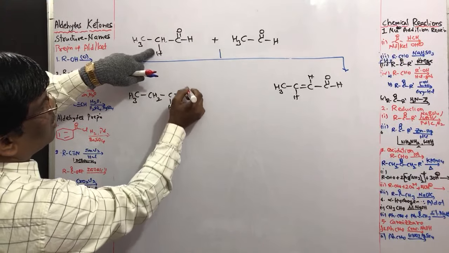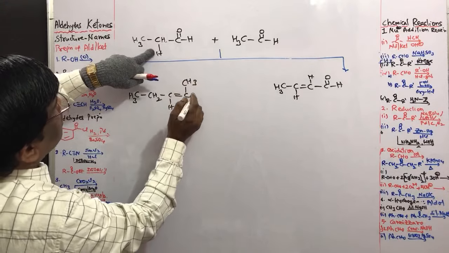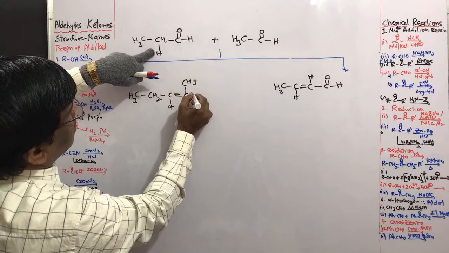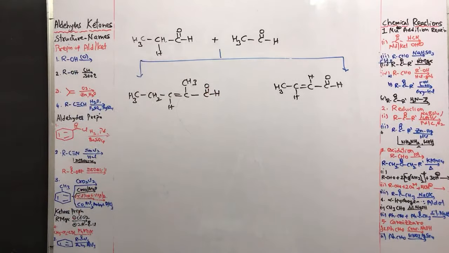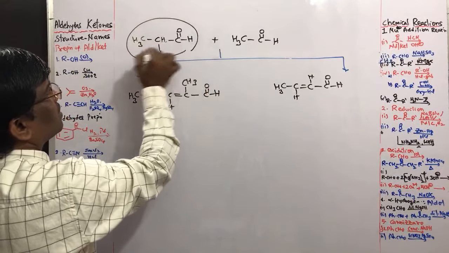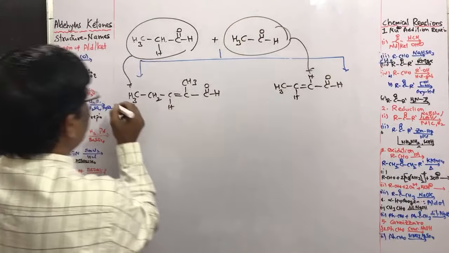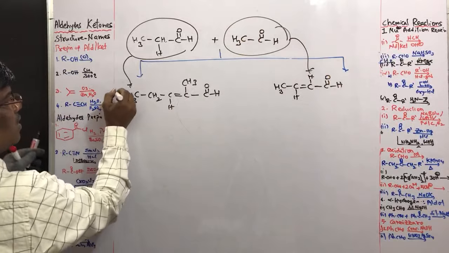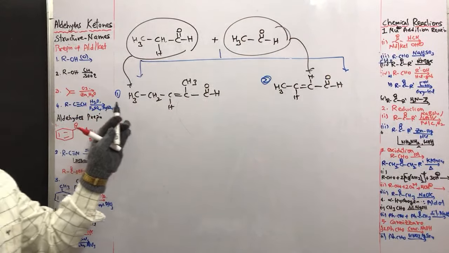So this methyl is here, hydrogen. Yes, students. So these two are self-condensation products. This is self-condensation and this is self-condensation. This is compound one. You are going to get a mixture of compounds. You may be asked what the mixture of compounds is.